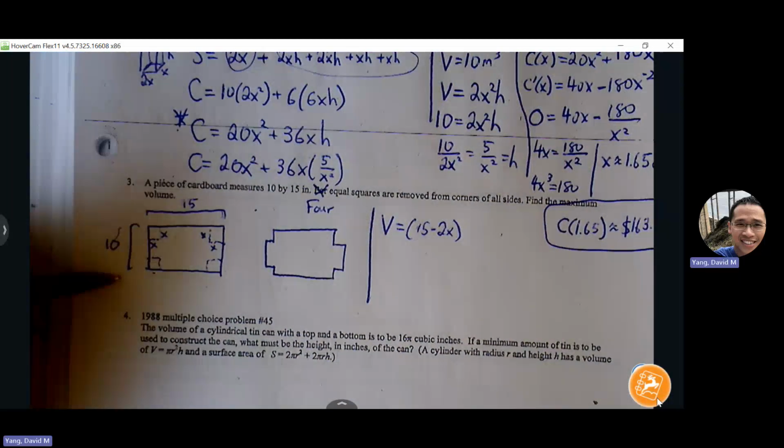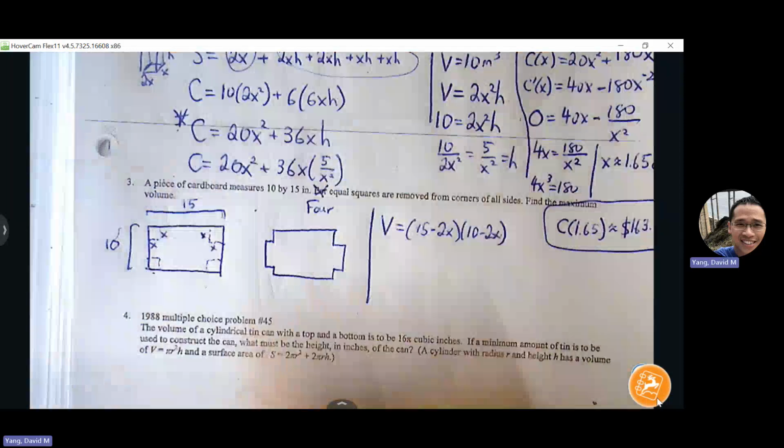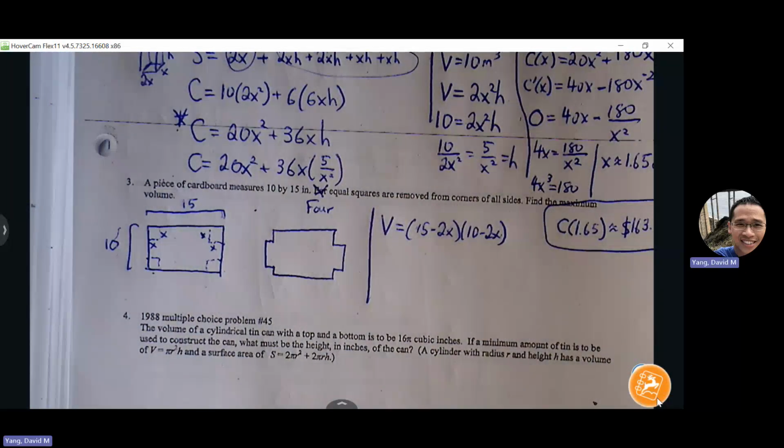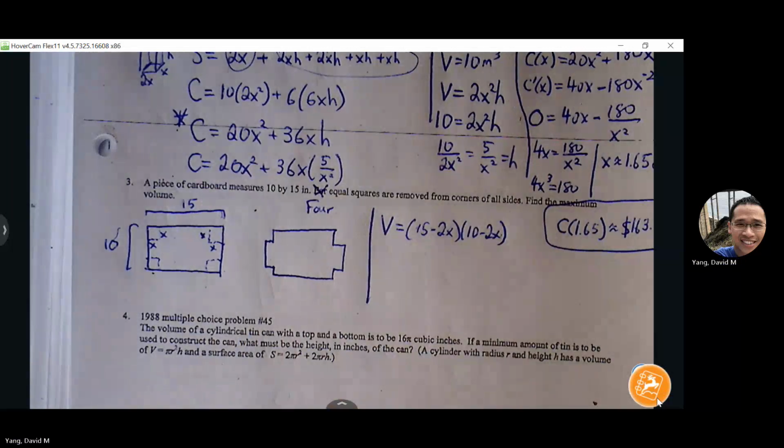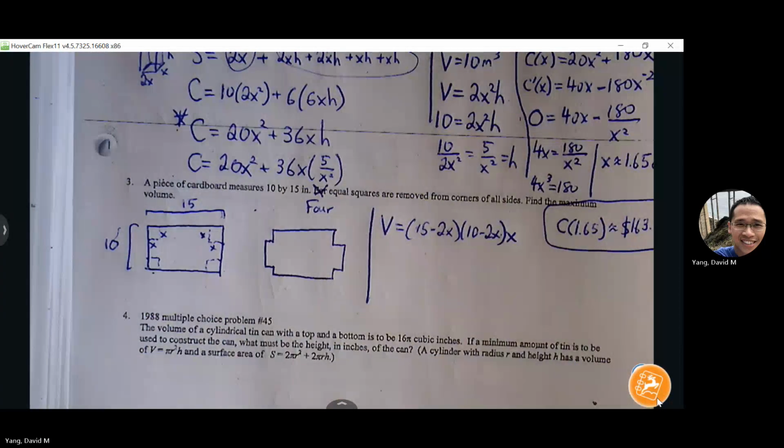And then this side will be 10 minus 2x. And what's the height of my box? Just x, yeah. So that x that I cut out will be the length of that flap, and once that flap comes up, that's the height of the box. So this one doesn't require a second equation. We just FOIL all this out, power rule, find the derivative, solve for x.